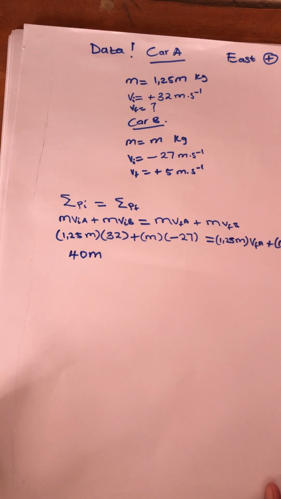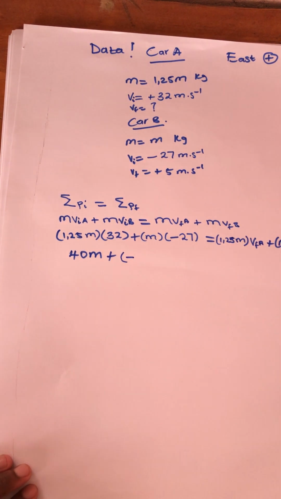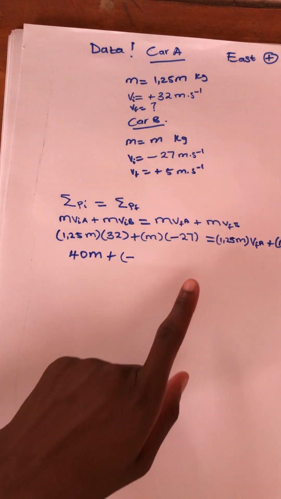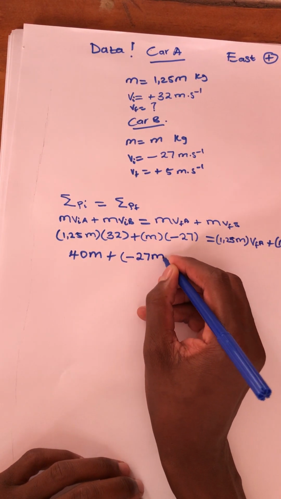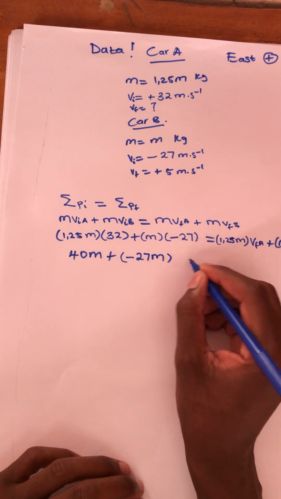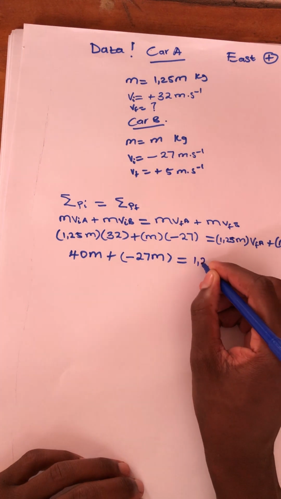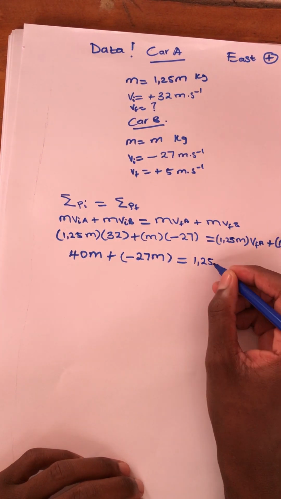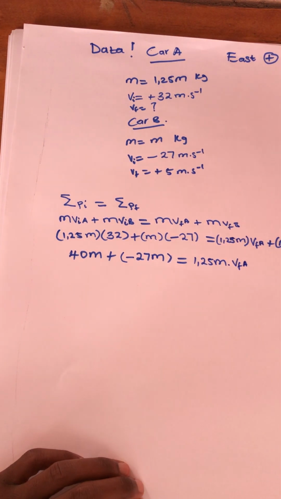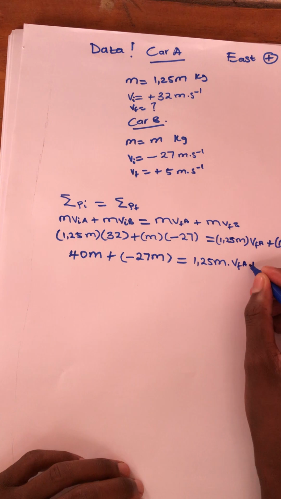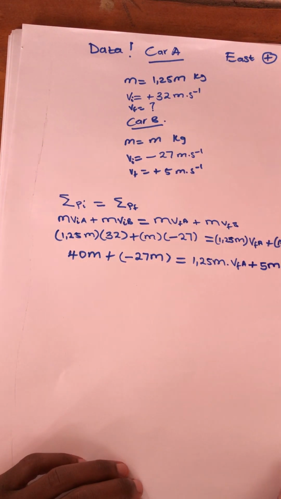Plus negative 27 multiplied by m, so minus 27m, is equal to 1.25 m multiplied by the final velocity of A plus 5 multiplied by m, which is 5m.